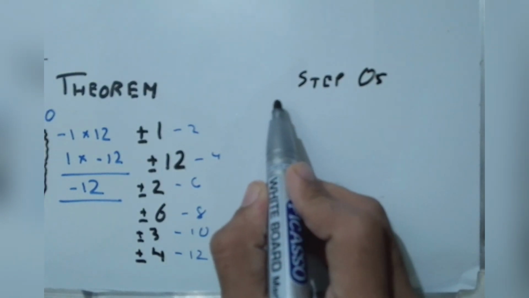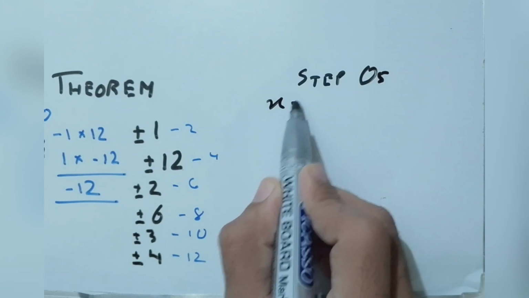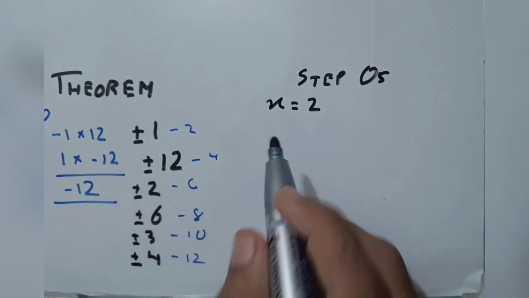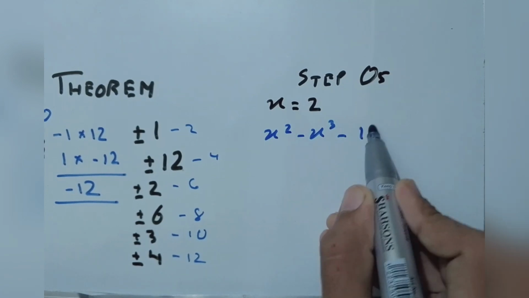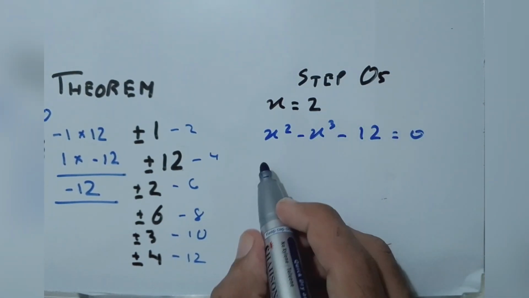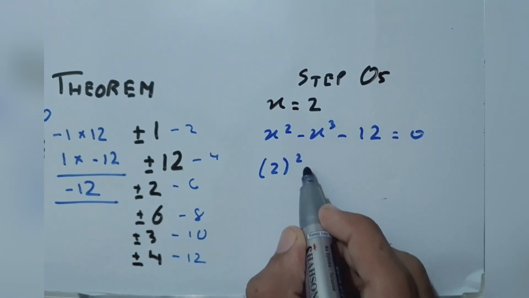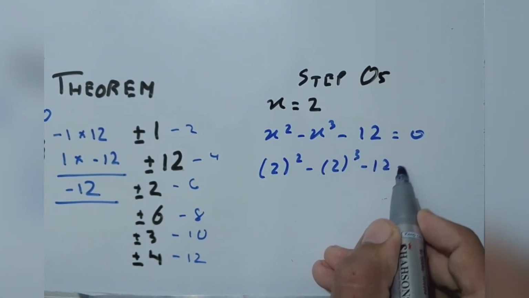Let's first try by taking the value of x equals 2. We'll try with x equals 2, and the equation we have here is x squared minus x cubed minus 12 equals 0. We'll substitute the value of 2. So this is 2 squared minus 2 cubed minus 12 equals 0.